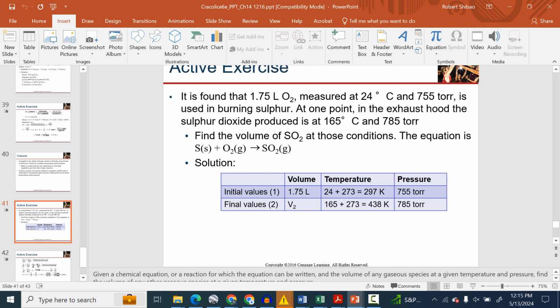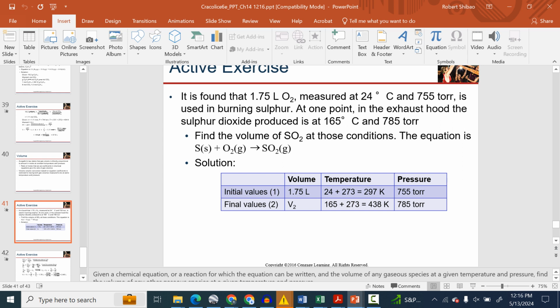They either convert the first volume to the conditions of temperature and pressure of the second, or they use the first volume and then figure out what the second volume should be and then convert that using the combined gas law.